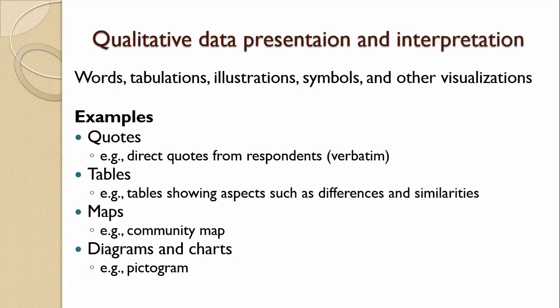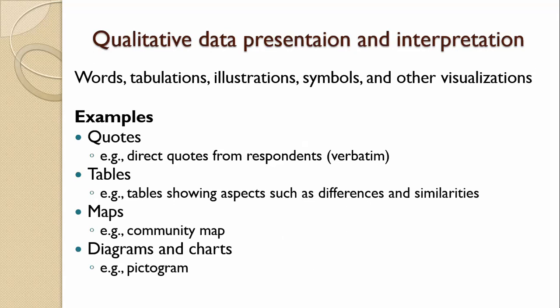So, how then can we present qualitative data that we've analyzed? It could be in the form of words, tabulations, illustrations, symbols or other visualizations. In your analysis and reporting of findings, you can present direct quotes from respondents, so verbatim quotations.